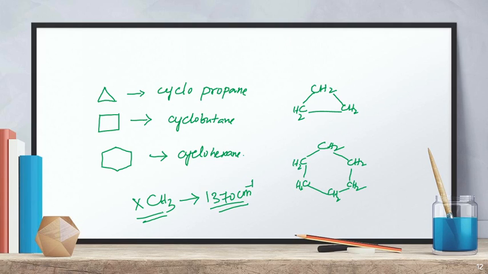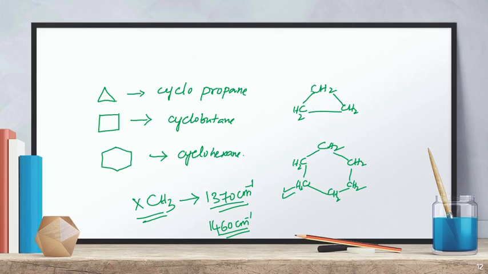If it is not present, then it must be a cycloalkane. Okay, so for cycloalkane the 1370 centimeter inverse peak will be absent and it will give only the 1460 centimeter inverse peak, which is for the methylene unit.